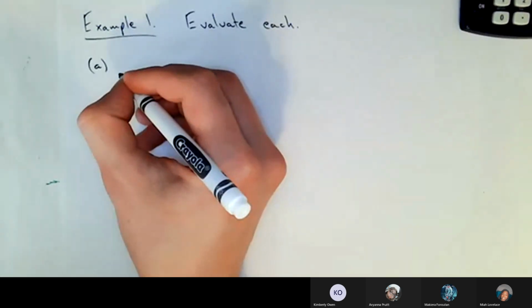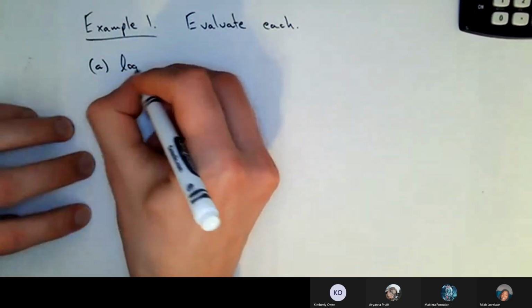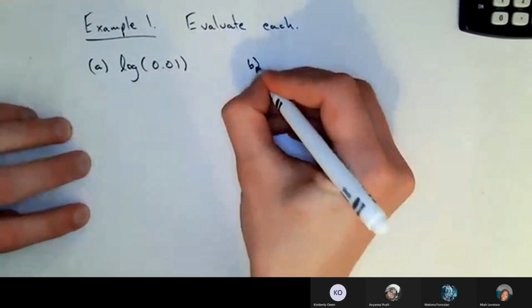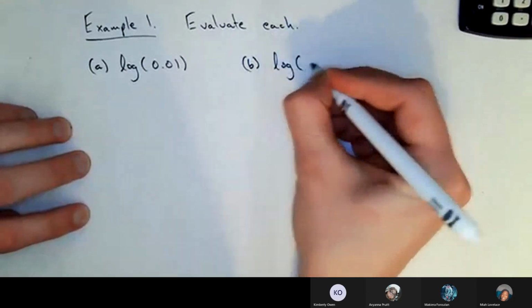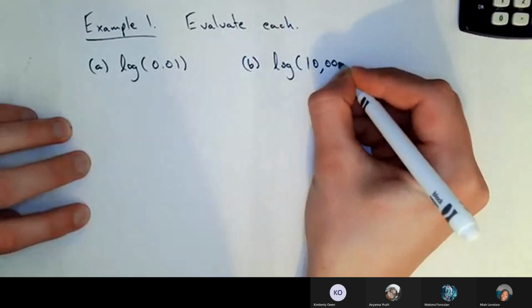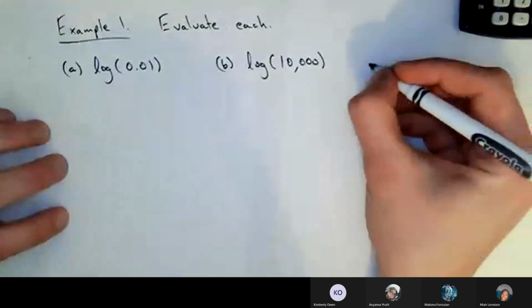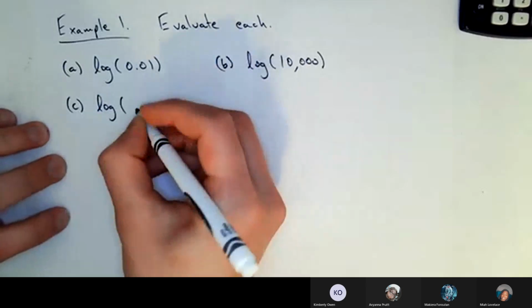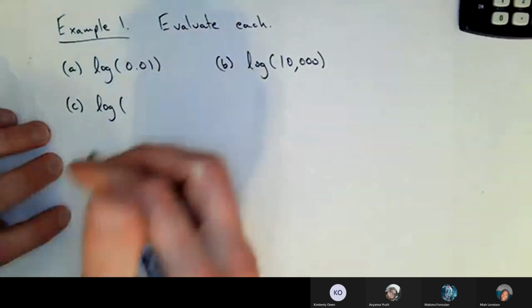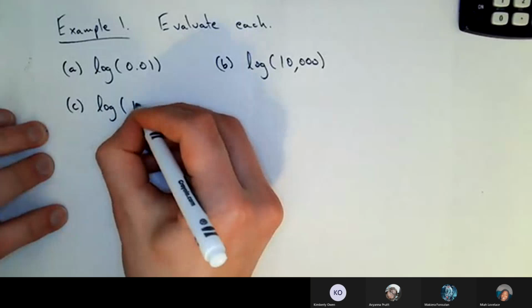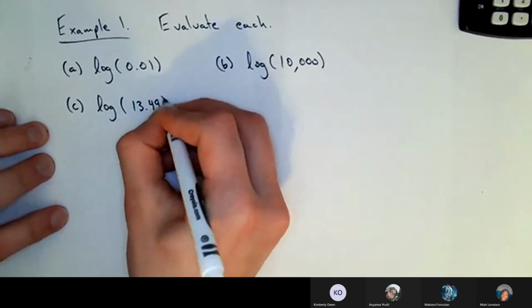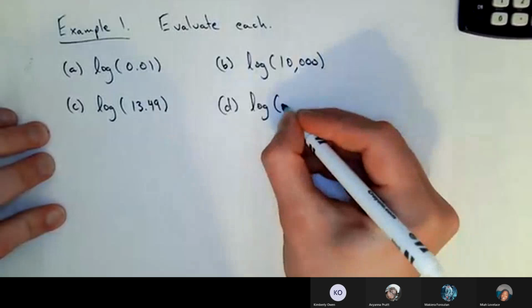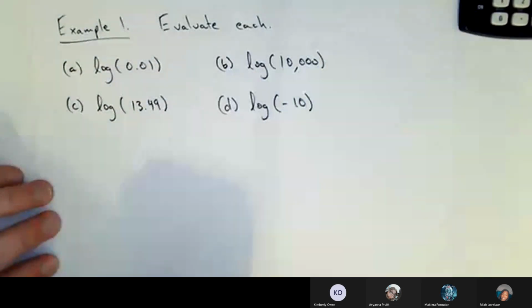Say log of 0.01, log of 10,000, and C log of 13.49, log of -10.